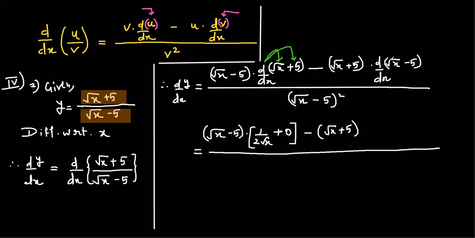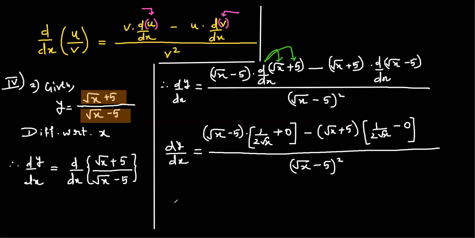Then I have the derivative of root x minus 5. So I put a bracket, and d by dx of root x is 1 upon 2 root x minus 0. And then in the denominator, I have root of x minus 5, the whole square. This is dy by dx.